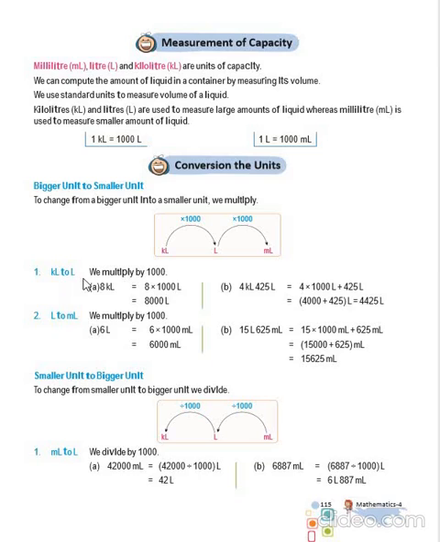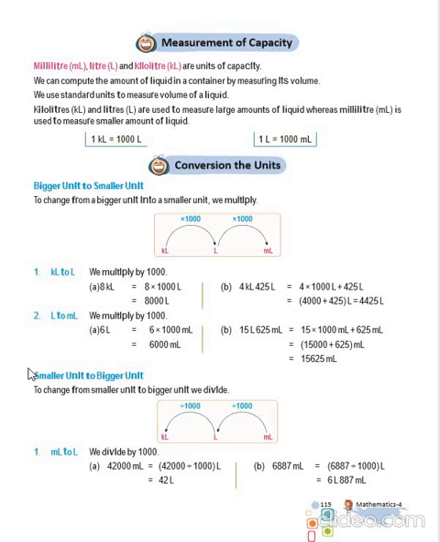Kiloliters to liters is done by multiplying by thousand. 8 into 1000 liters, that is 8000 liters. Liters to milliliters by multiplying by thousand. 6 liters is equal to 6 into 1000 milliliters, which is equal to 6000 milliliters.